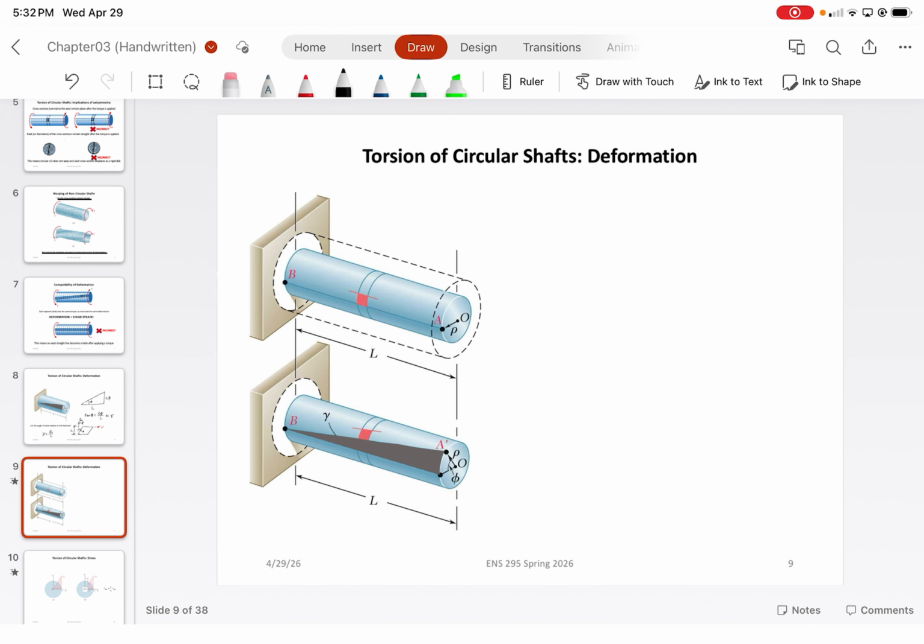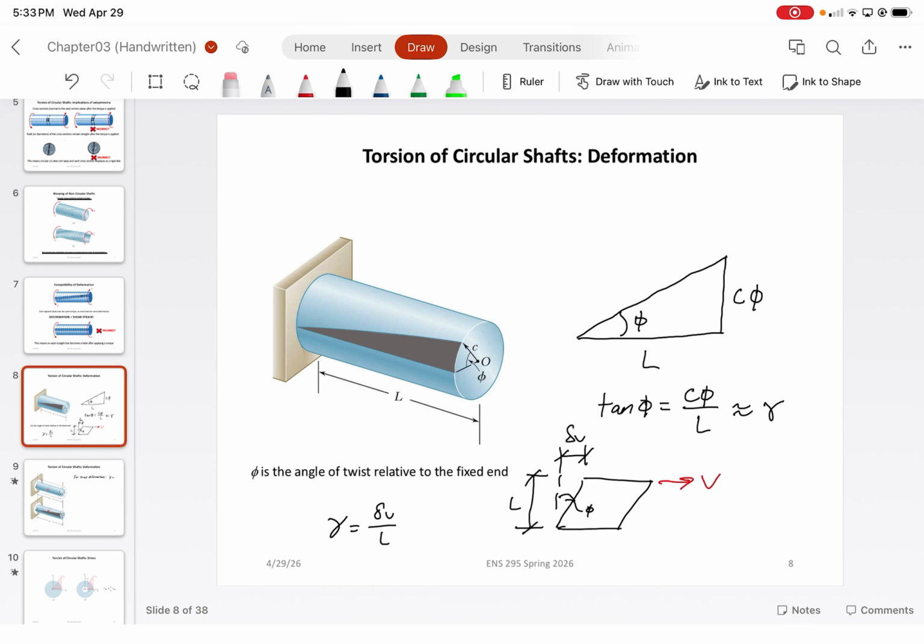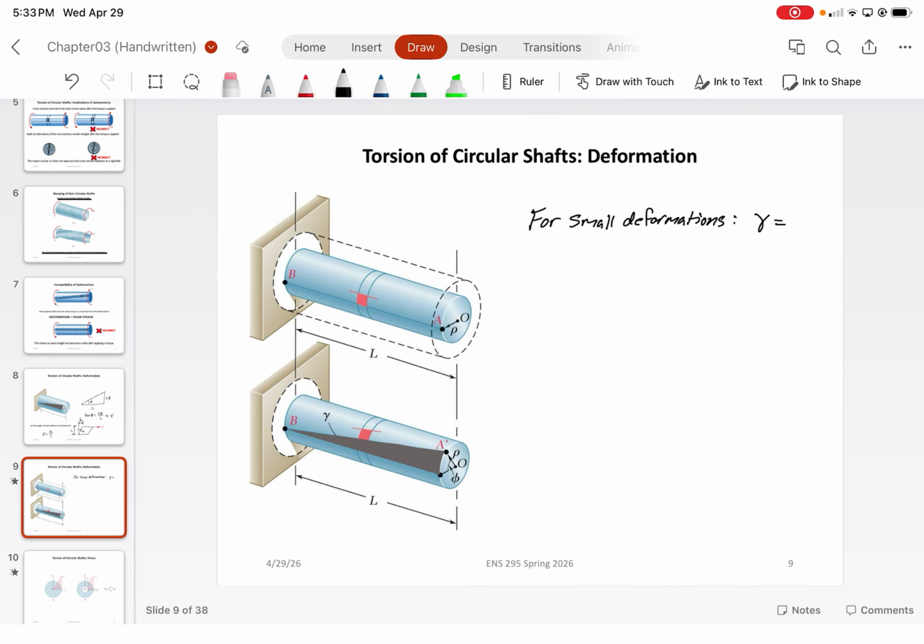All right. So continuing on, for small deformations we can write our shear strain as equaling c phi over L, where c was the maximum radial position, right? But one of the things that I said earlier is that strain radially increases outwards.